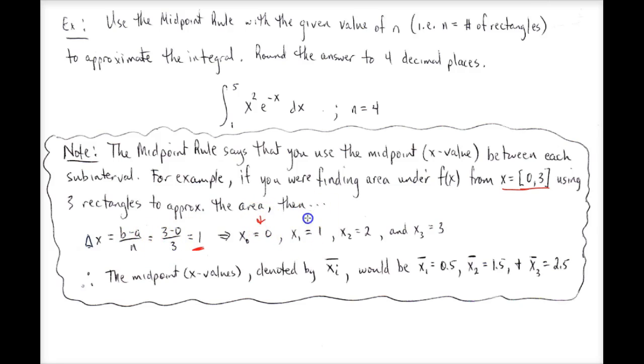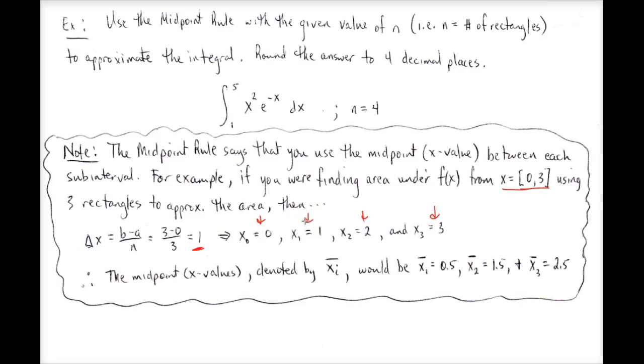Here would be our traditional x value inputs. Since the midpoint rule says we pick something halfway in between, x sub 1 would be halfway between 0 and 1, which is 0.5. The next one would be halfway between 1 and 2, which is 1.5, and so on.